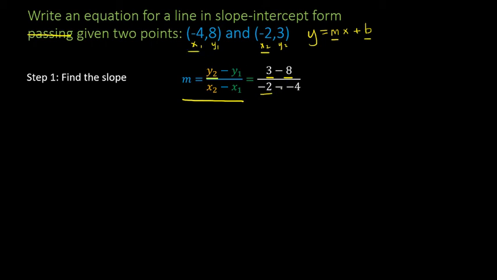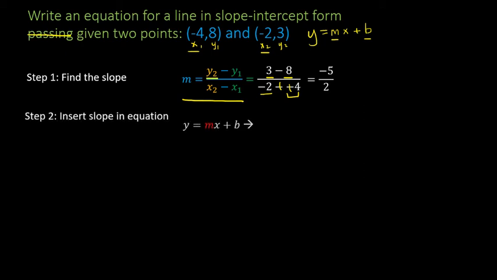Make sure you don't forget the negative sign. So I'm not subtracting 4, I'm subtracting a negative 4, which means when I simplify, I end up with negative 5 over 2, because negative 2 minus a positive 4 is the same thing as saying negative 2 plus 4, right? So negative 5 over 2 is my slope.